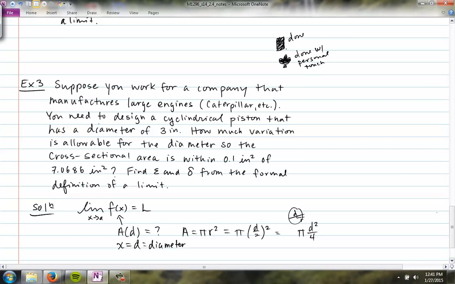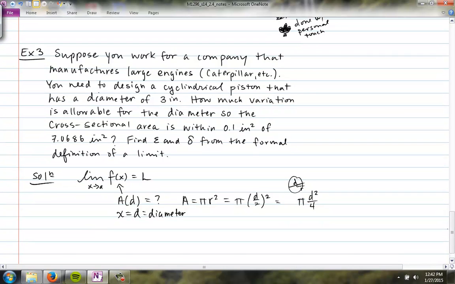Now so we kind of worked on some of these things, but what we're trying to figure out here, how much variation is allowable for the diameter, so the cross-sectional area is within 0.1 inches squared of blah blah blah. So really what this is in the formal definition is the part of the f of x minus L, its absolute value is less than epsilon, is sort of what this is dealing with.